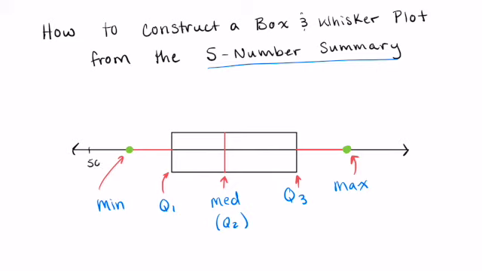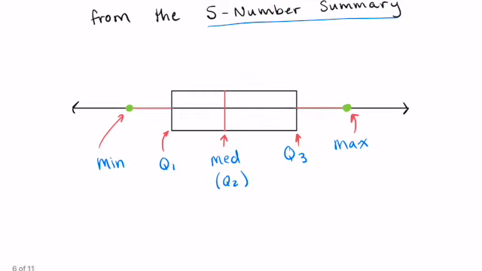Maybe I'll go up by 100s. So there's a ton of different ways that we could write my numbers, and that's what we're going to look at throughout this video. But it's very simple. Again, I just want you all to be very familiar with the 5-number summary and drawing my box and whisker plot.